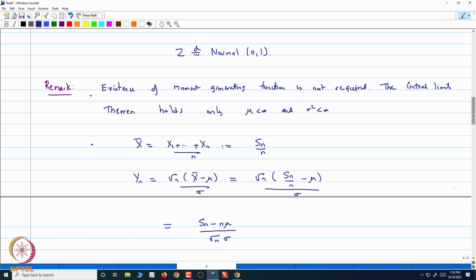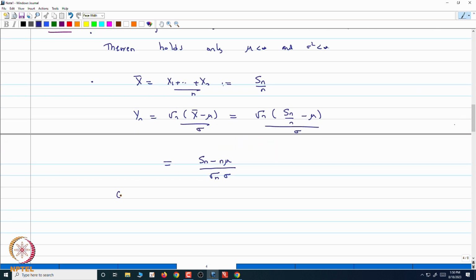So it means the central limit theorem implies that the probability that (Sn minus n mu) divided by (root n sigma) is less than or equal to x converges, as n goes to infinity, to the probability that Z is less than or equal to x, where Z is normal 0, 1.